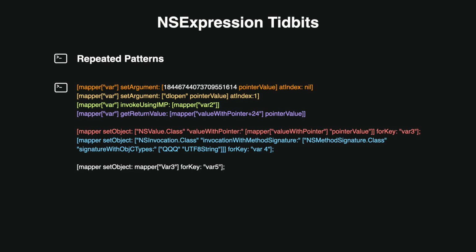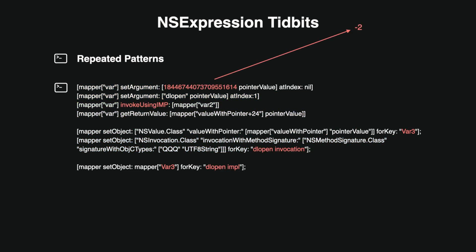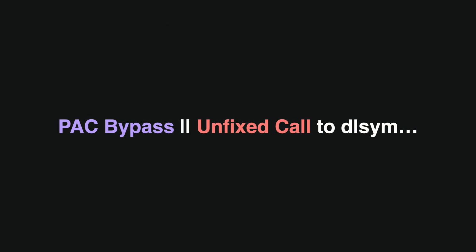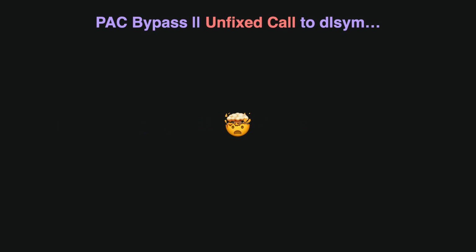So when I translated that number back into hex, it was -2, and when I looked a little bit further, this actually was matching the invocation and implementation for DLSim. So that meant that this specific sample still needed to contain some sort of a PAC bypass or an unfixed call. And at the end, the smiley is actually the solution to get to the PAC bypass, but unfortunately, due to time, I will skip this to a blog post that we're going to release.